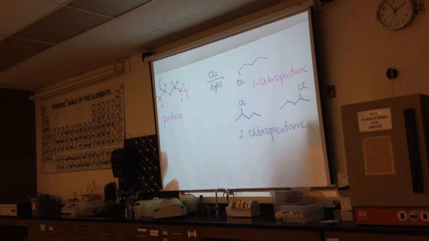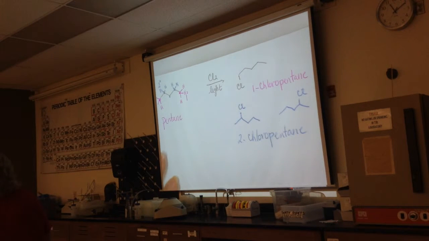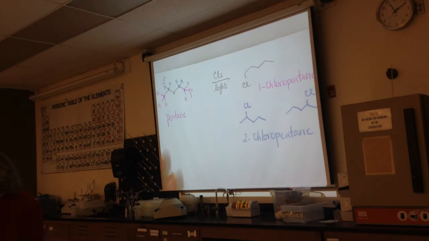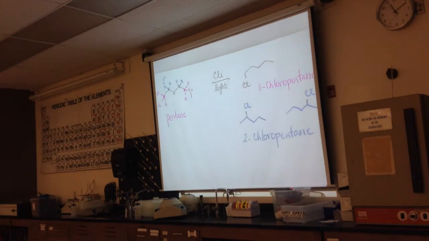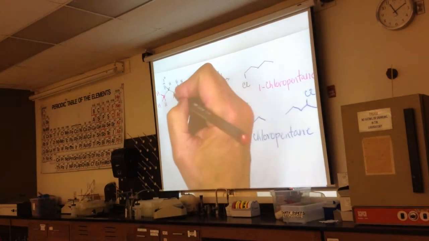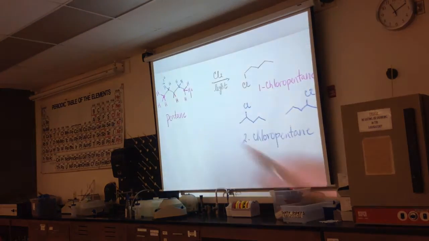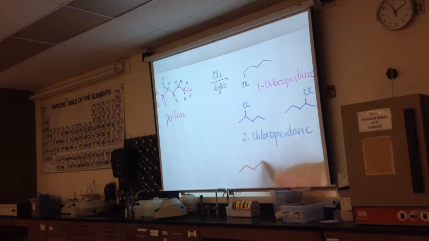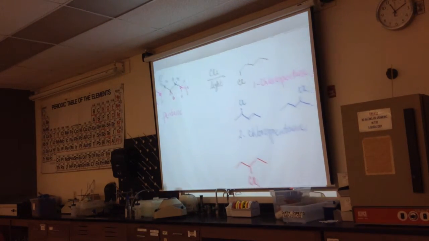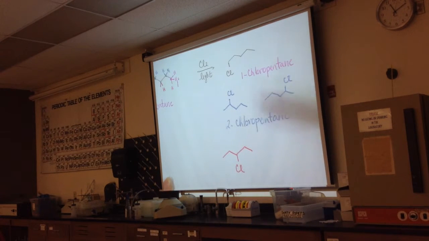Everybody okay still? And now I'm left with the carbon in the center. The carbon in the center is also a secondary carbon, and it also has secondary hydrogens. But if I remove any one of those and replace it with a chlorine, I end up generating a different compound altogether.